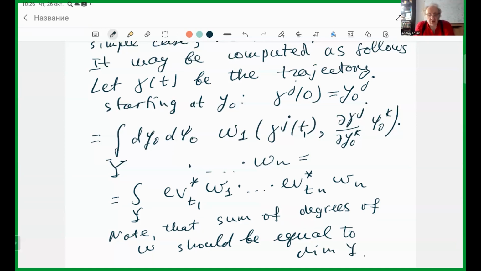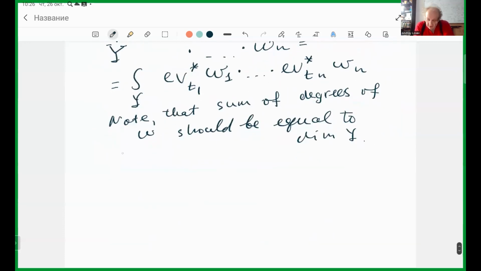So if I would like to compute it, I need to compute trajectories and consider these evaluations. Now, in general, it is hard to compute trajectories, right? So I go to an example.